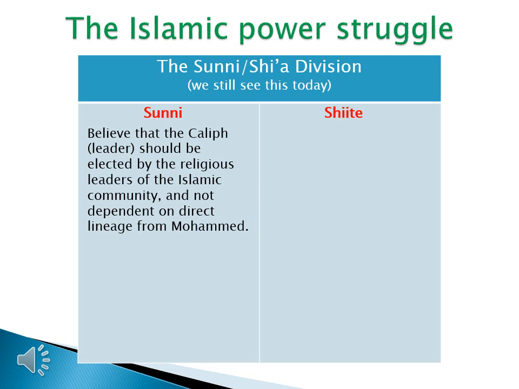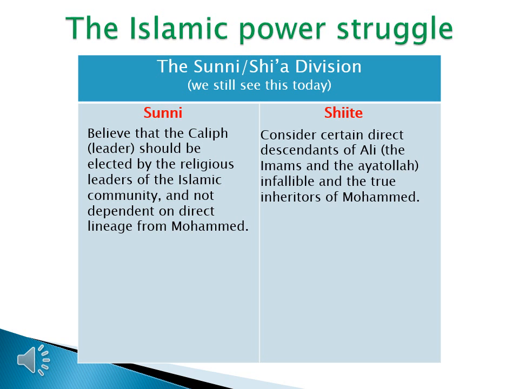Shiites think differently. They consider certain direct descendants of Ali, these would be the imams or the leaders of Islam, and the supreme leader, the Ayatollah, infallible. These folks cannot make mistakes, and they are the true inheritors of Muhammad. In other words, if you can prove your link all the way back to Ali, the fourth caliph, then you inherit the leadership of Islam.